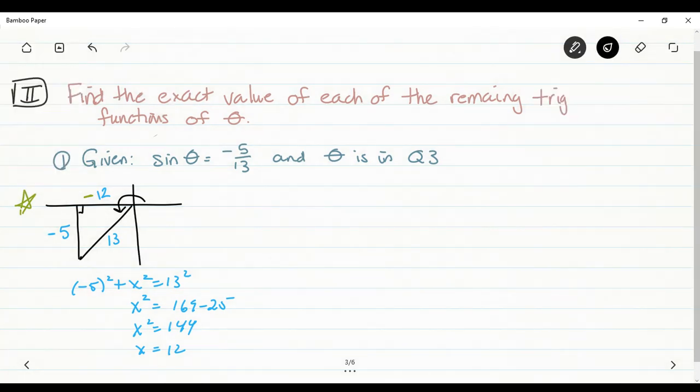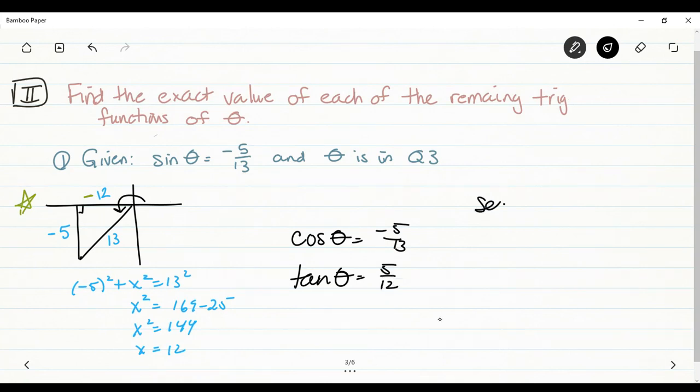Now from here, like before, we can just evaluate. We already know sine, so we're going to start off with cosine. Cosine is negative 12 over 13. Tangent is 5 over 12, right? Both negatives.